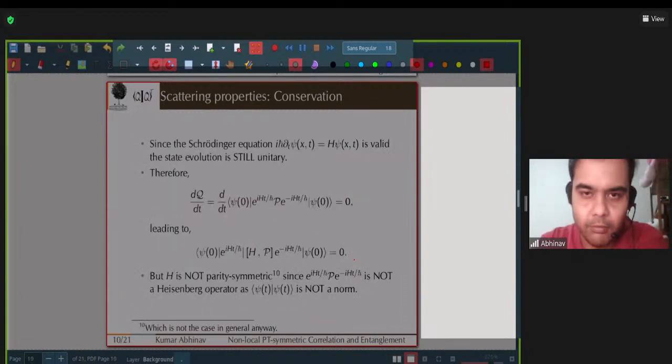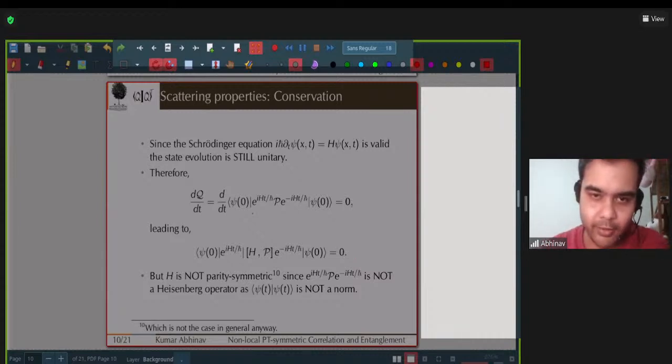Now remember one thing: the Schrodinger equation is still valid, and because the Hamiltonian part is still valid, with respect to this Hamiltonian the evolution of the states is still unitary. Remember, the scalar product is different, but the evolution is unitary in this case.